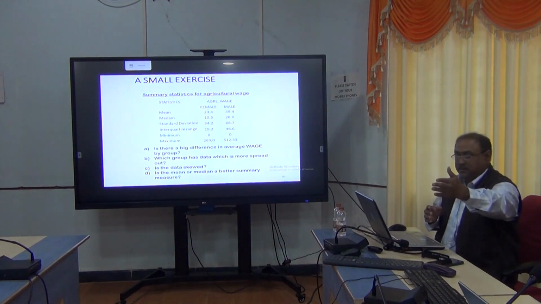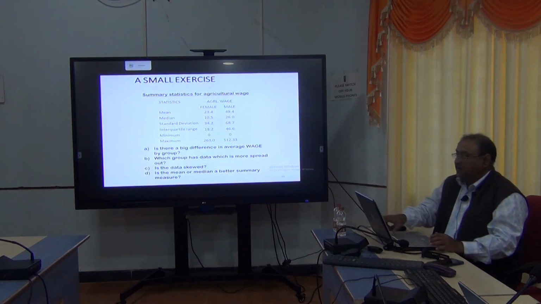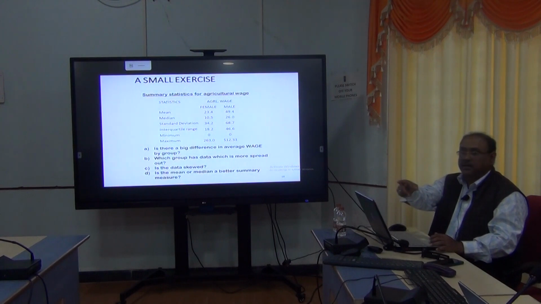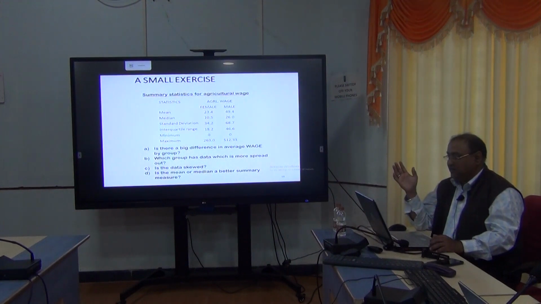From the sample data I have given to you, I have calculated this one, so you can get the same table. If there is a little variation, don't worry; I might have missed one or two observations in this file.